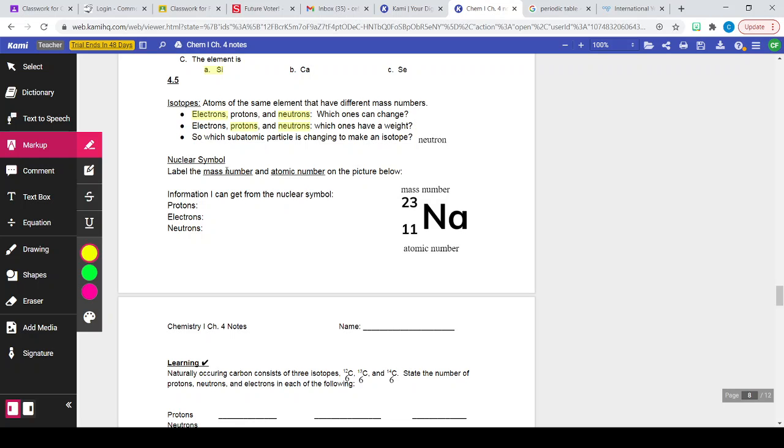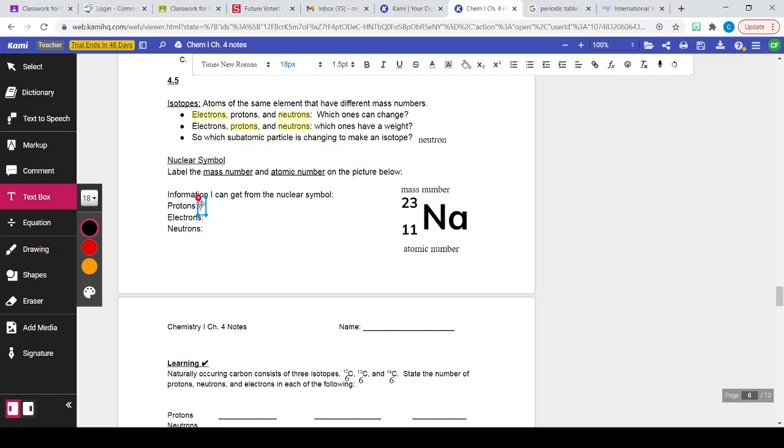Alright, so a nuclear symbol. Label the mass number and the atomic number. Once again, I forgot to erase these. They're already there. This is the nuclear symbol. This is how it's written: sodium or whatever element you have, the mass goes on top, the atomic number on bottom. The information I can get from this is my proton number. It's the same as my atomic number, which is 11.